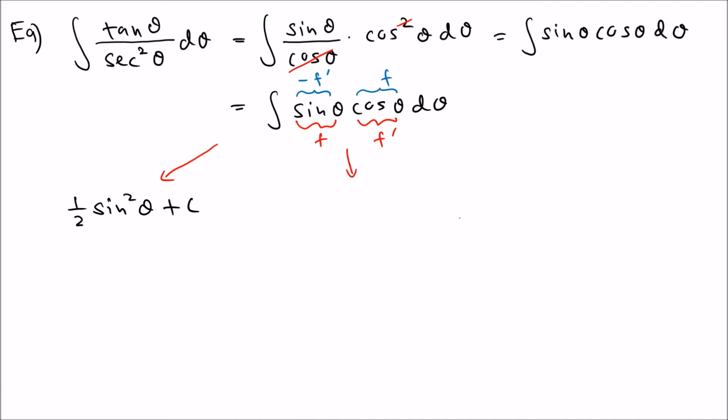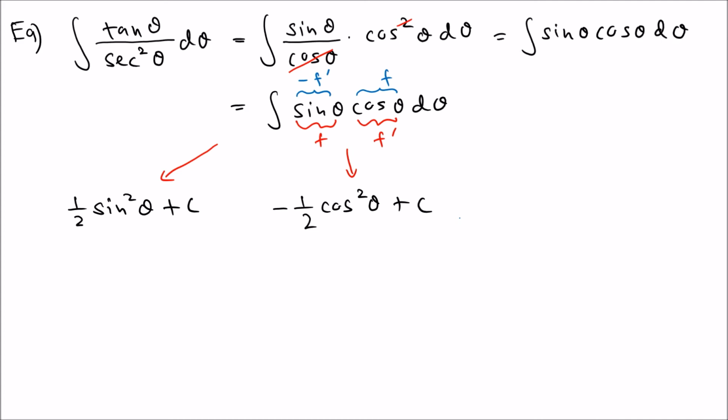The derivative is the sine function, so you can write this as negative 1/2 cosine squared theta plus c. That's what happens if you switch the order: you write cosine as the function, the other one is a negative, then simply use the power rule.